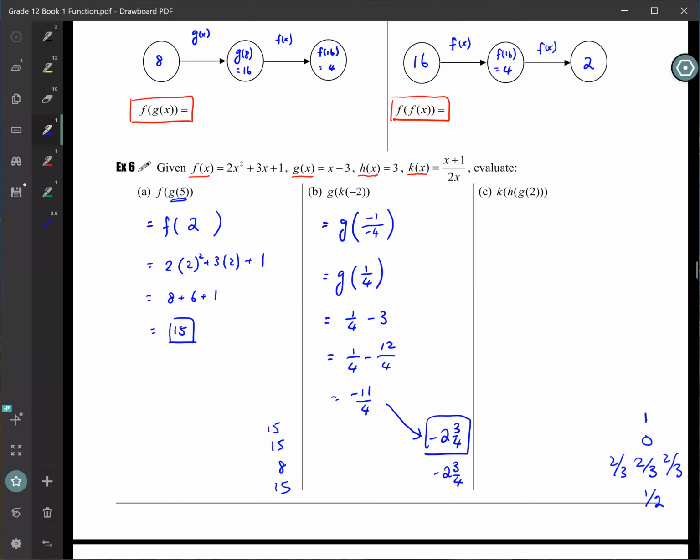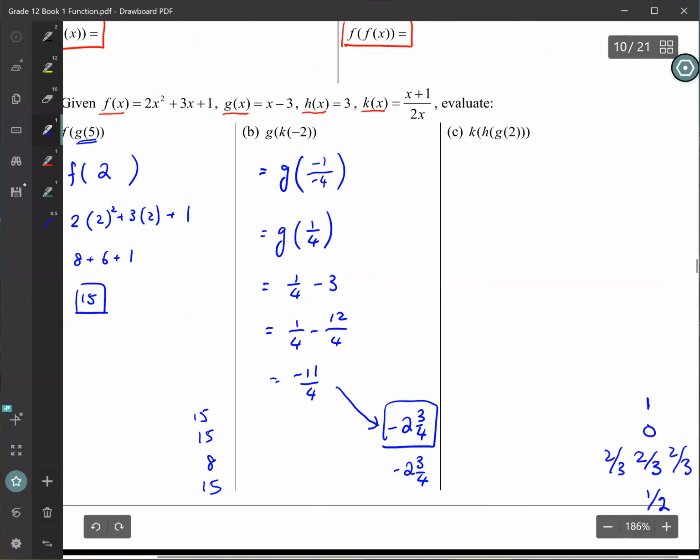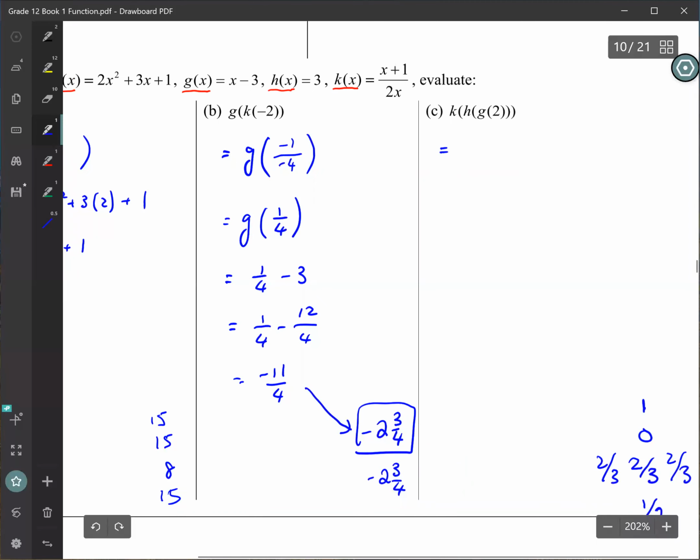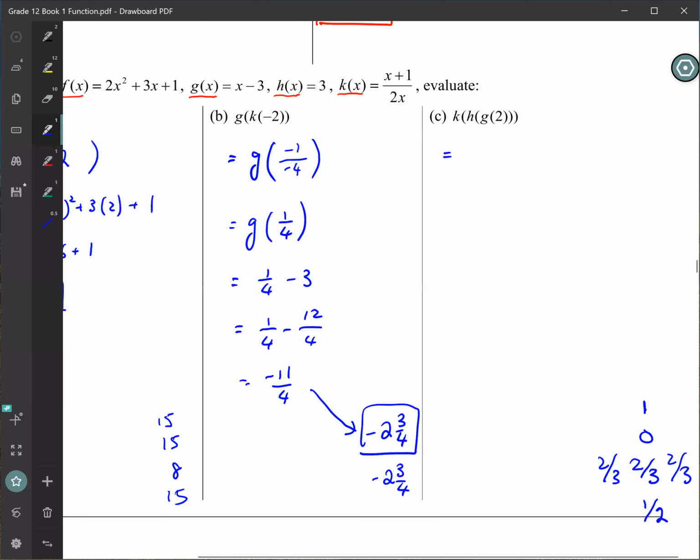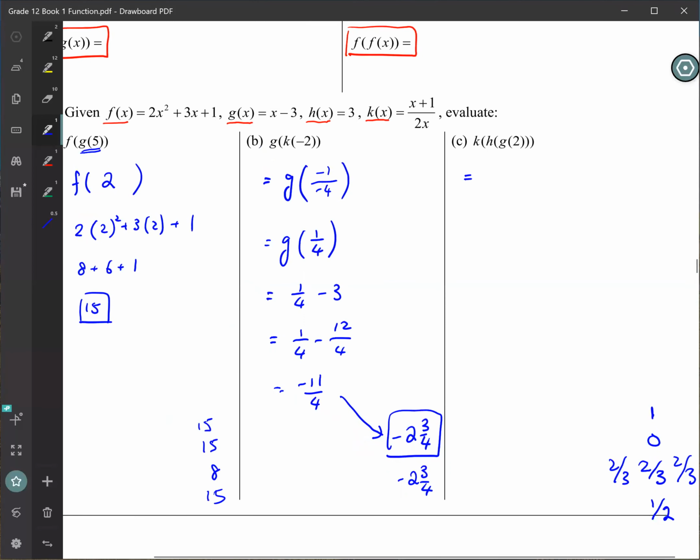Okay, so let's go over this one. This one might be harder, right? So which function do we sub in the 2 first? Donna. We should take the 2 and put it into which one first? The g of x. Yeah, g of x, right? So I will write the outside, k of h of g of 2. So 2 subtract 3, that's a -1. So that's your first layer on the inside, figured out.